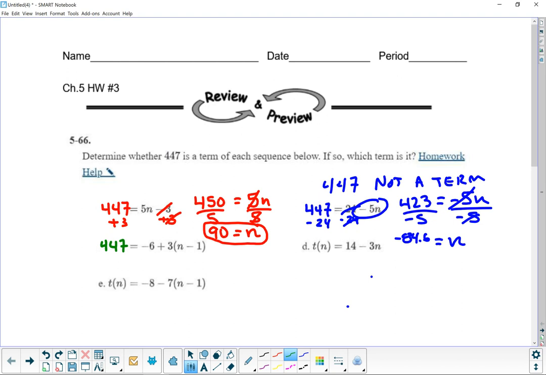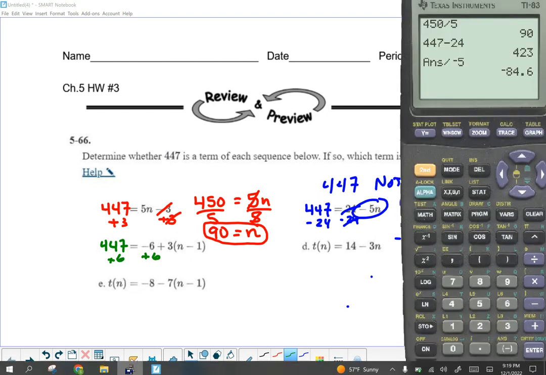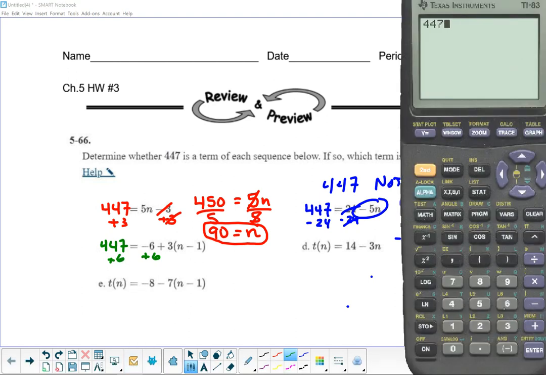In this case, I'm going to go ahead and add 6. So 447 plus 6 is 453.